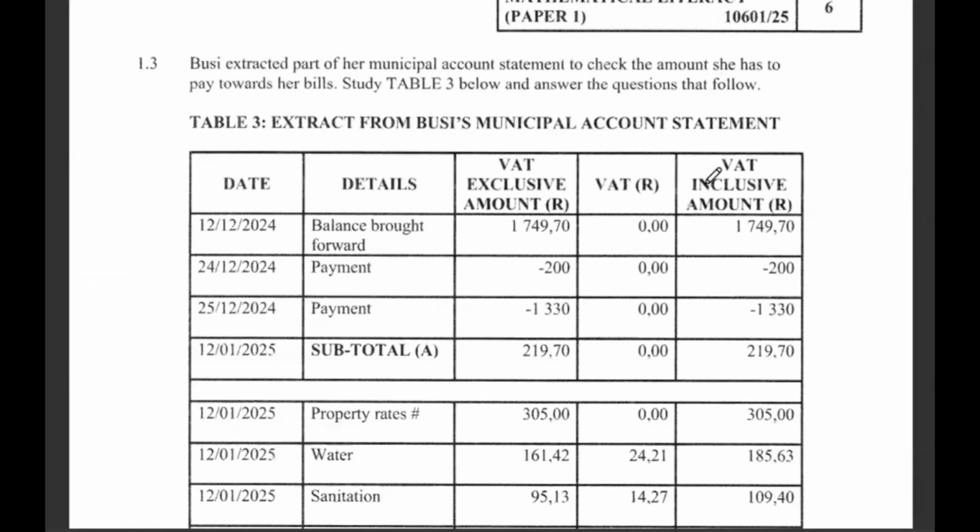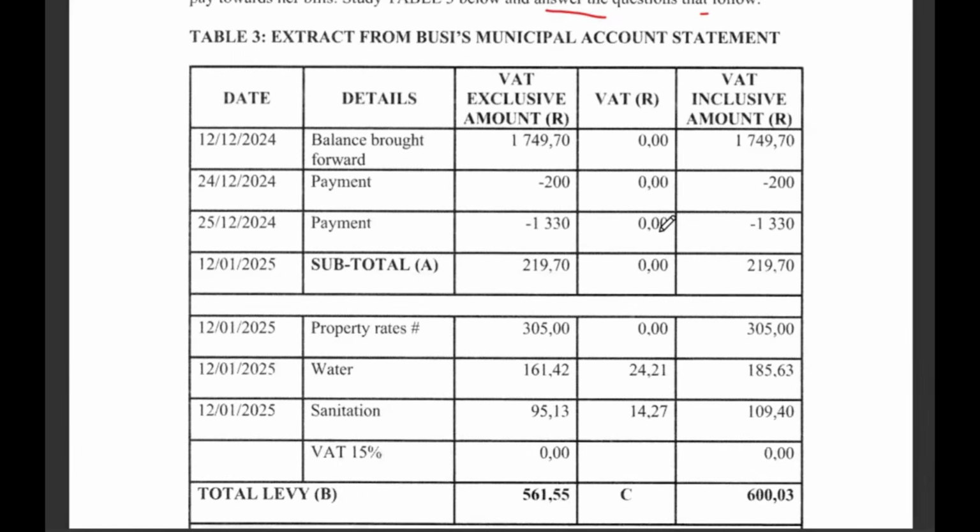All right, then we move on to 1.3. They're telling us that Busi extracted part of the municipal account statement to check the amount she has to pay towards her bills. Study the table and answer the questions that follow. So on the 12th of December 2024, there is a balance brought forward, which is VAT exclusive to this March. The inclusive one is that.